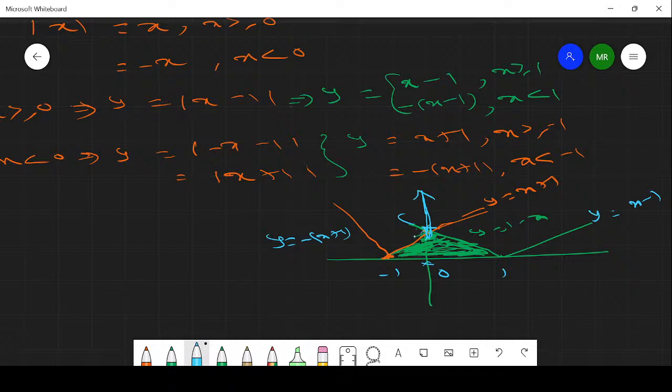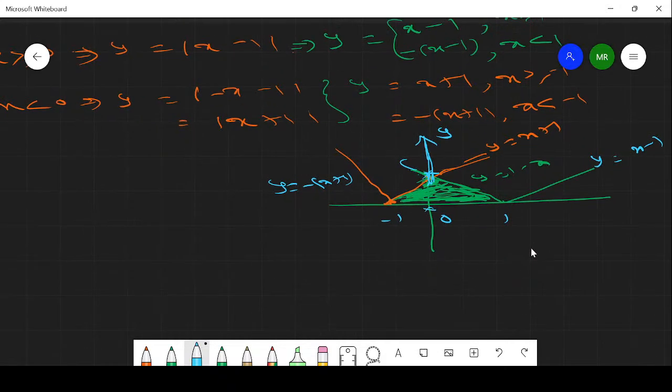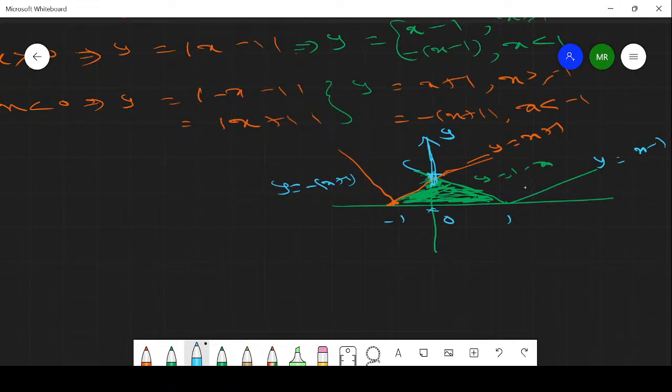They are intersecting at 0, 1. It is symmetric with respect to the y-axis. Please try to understand the figure here. It will come like this. The shaded area is the required area. This point is 0, 1. Both are intersecting. Right.